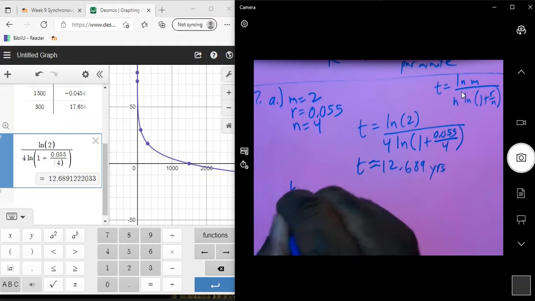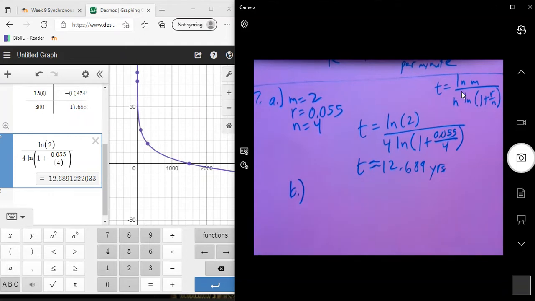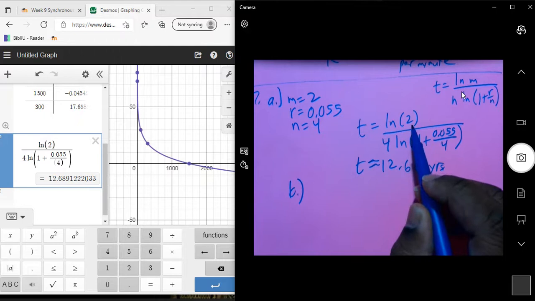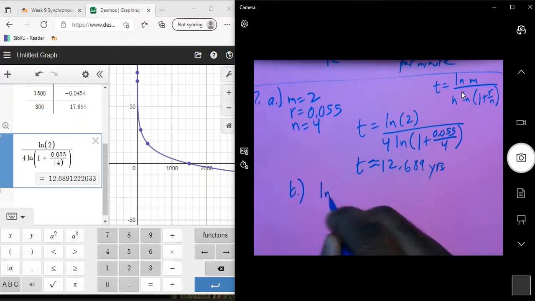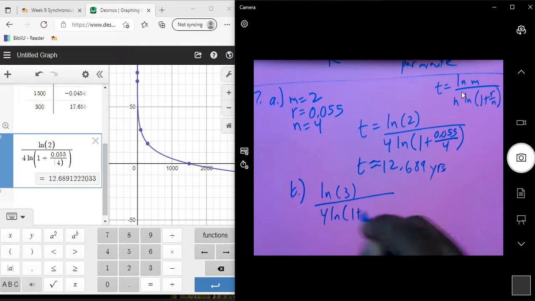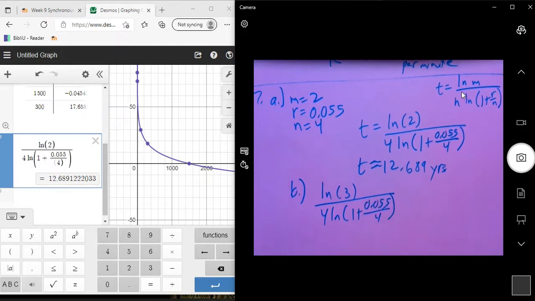Now we go to 7B. 7B, how many years will it take the investment in Part A to triple in value? So basically, we will have the same exact problem, except for instead of the natural log of 2, it'll be the natural log of 3. So everything else remains the same, except it'll be natural log 3.